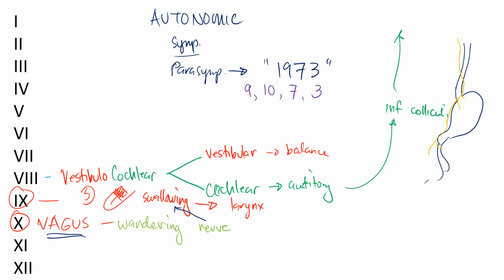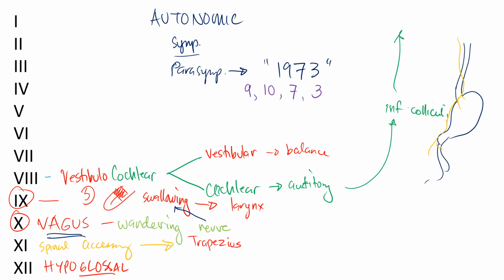Now, 11 is your spinal accessory. Very simple. Some would even say it's a continuation of your spinal cord, motor nucleus. It's pure motor and innervates your trapezius. And that's it. Okay? Last would be your hypoglossal.